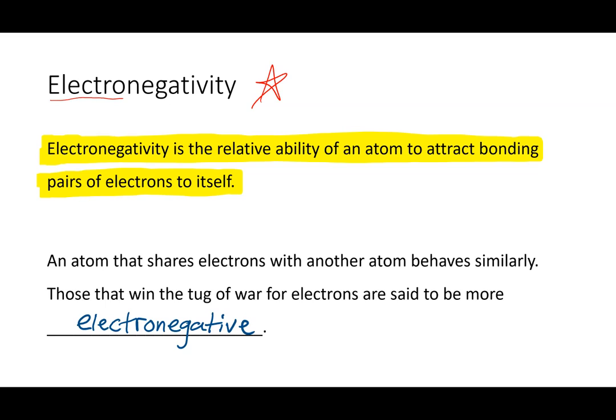So go back and read those notes and try to understand that or ask me some questions about it. An atom that shares electrons with another atom behaves similarly. That is a key thing to understand. Those that win the tug of war, so to speak, for electrons are said to be more electronegative. So when we say something is more electronegative, it means that it's winning the tug of war.